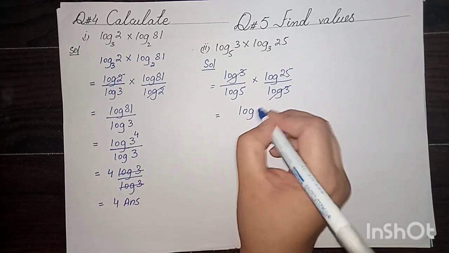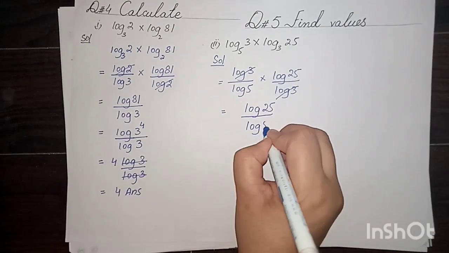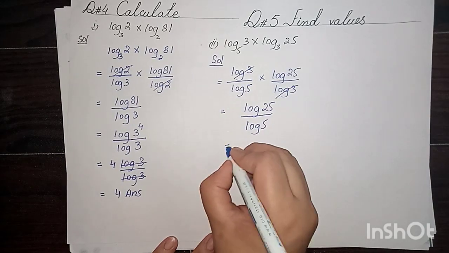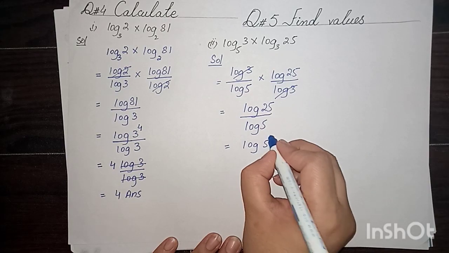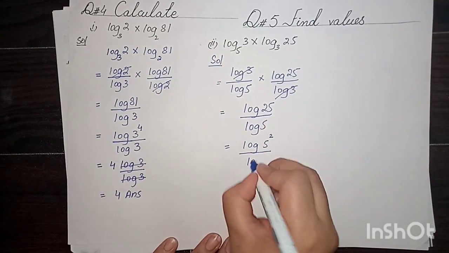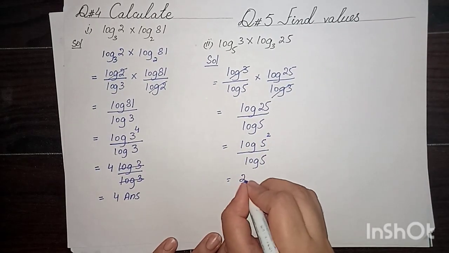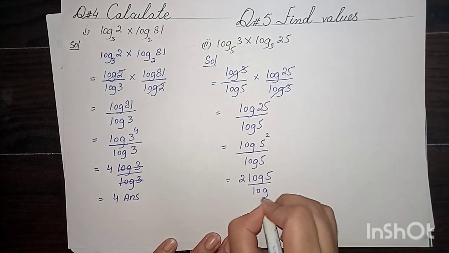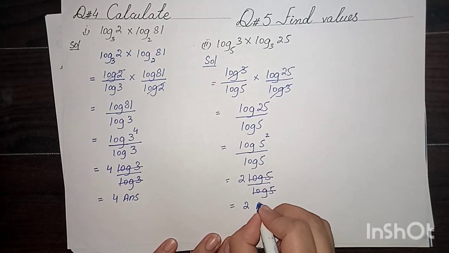This is equal to log of 25 over log of 5. We also know that this 25 is equal to 5 multiplied by 5, means 5 power 2. So log of 5 power 2 divided by log of 5. The power is written before the log, so this is 2 log 5 over log 5. Log 5 cancels out. My answer is equal to 2.